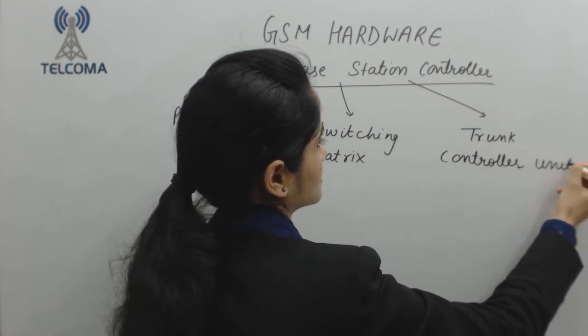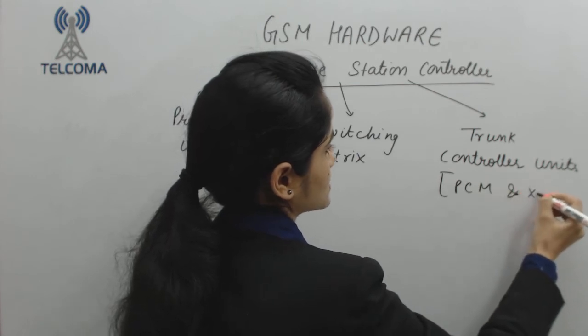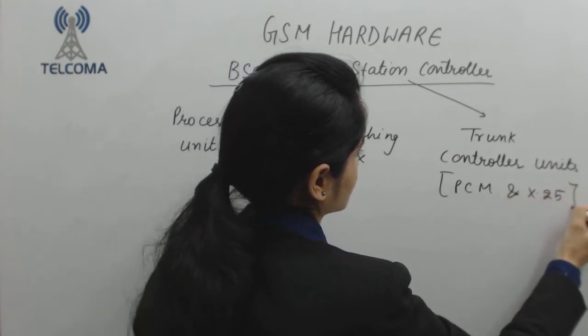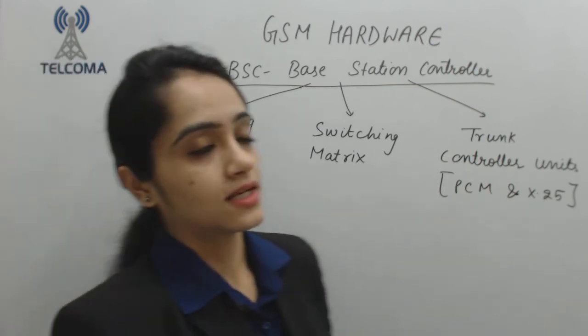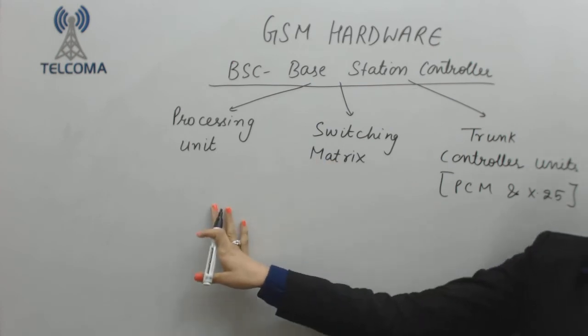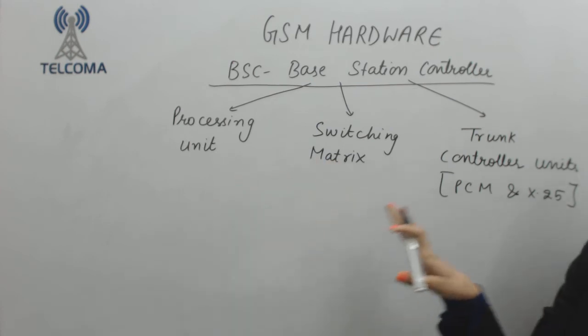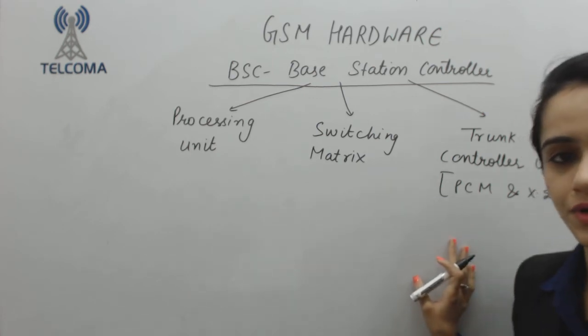These trunk controller units are PCM and X.25 units. So BSC is divided into three basic units: a processing unit, a switching matrix, and a trunk controller unit, which is my PCM and X.25 controller unit.